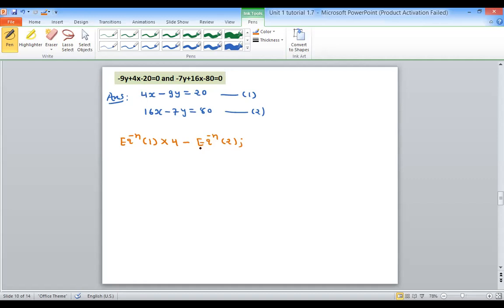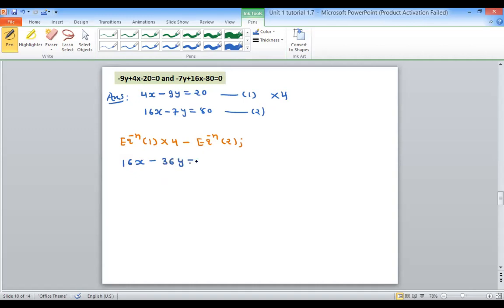So let's see the procedure. First of all, multiply equation 1 by 4. What happened? 4 into 4 is 16x. 4 into 9 is 36.